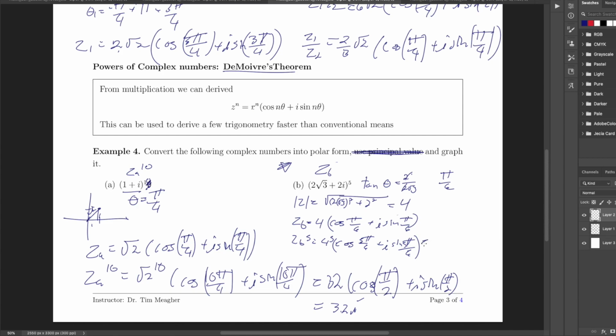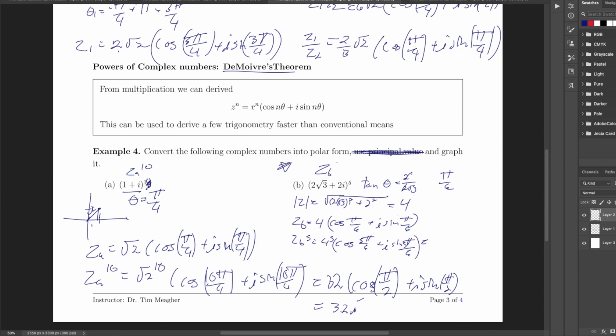And if I crunch that through, this is 1024, sorry. Hold on. Let's not make the same mistakes twice. 5 pi divided by 6, just double checking.